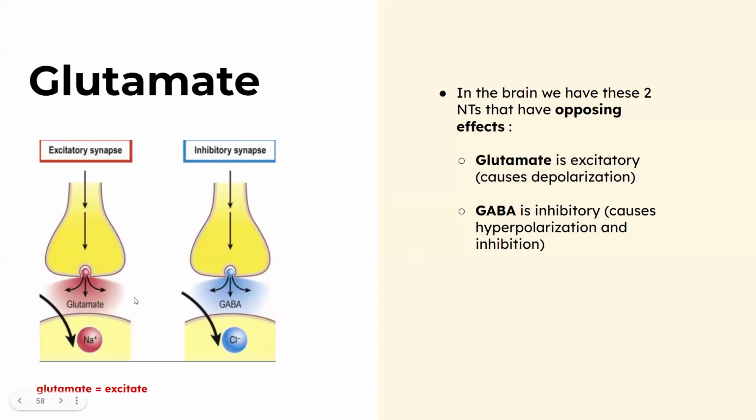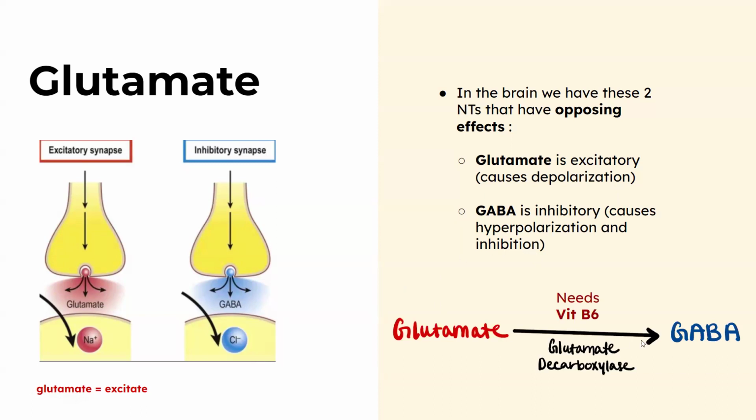Glutamate causes depolarization. The sodium ions will enter, and you will have depolarization, so more action potential. GABA, on the other hand, is inhibitory because it causes more chloride to enter. So the charge will become very negative. We call this hyperpolarization, and so no action potential can occur, and this causes inhibition. Okay, so glutamate, excitate; GABA, inhibit.